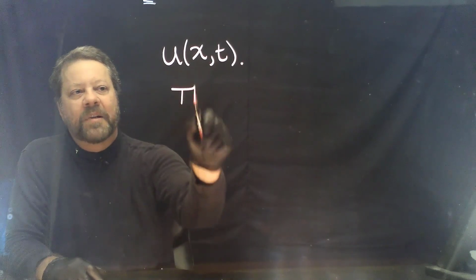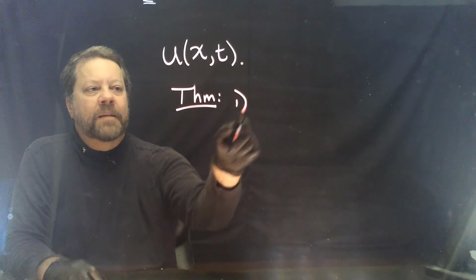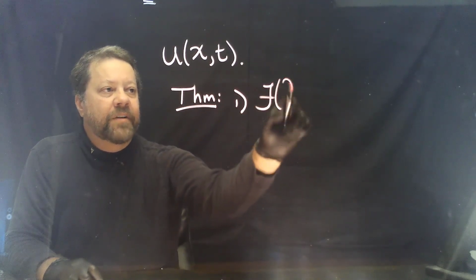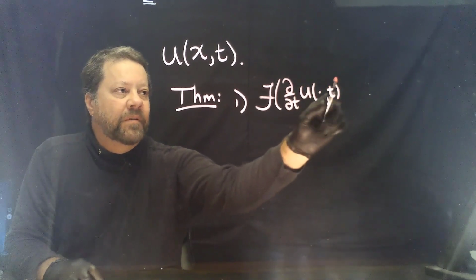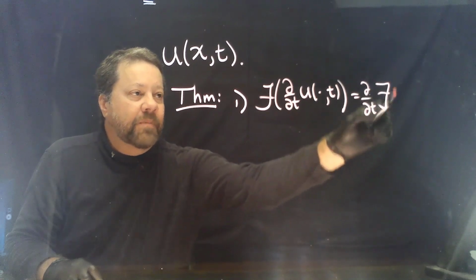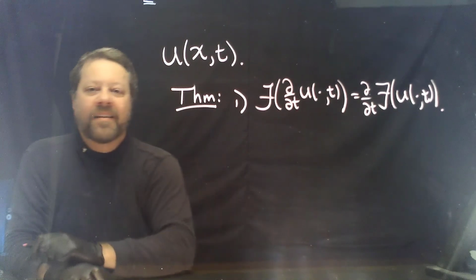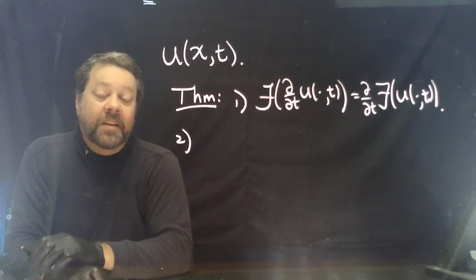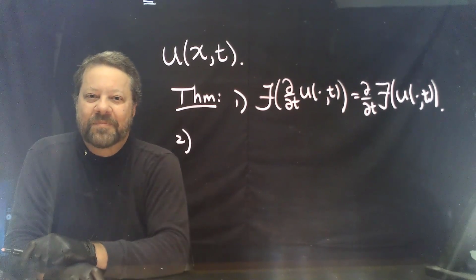So in a theorem on important properties of the Fourier transform, number one will be the Fourier transform of the derivative with respect to t of u is the derivative with respect to t of the Fourier transform. The commutativity of the Fourier transform and the derivative with respect to t, the variable you're not taking the transform with respect to.